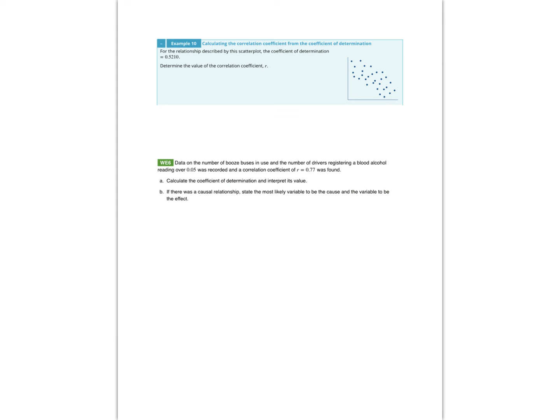So it says calculating the correlation coefficient from the coefficient of determination. So here, this is a little bit different. They have given us the R squared. They've said it is 0.5210, and they want us to find the R value.